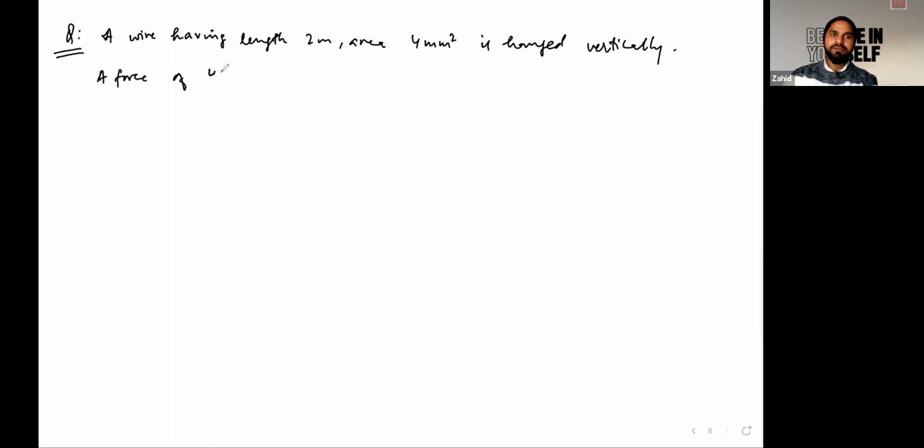A force of 40 kilonewton is applied to elongate it.